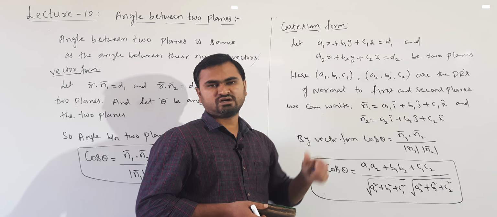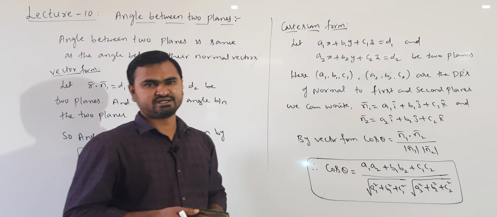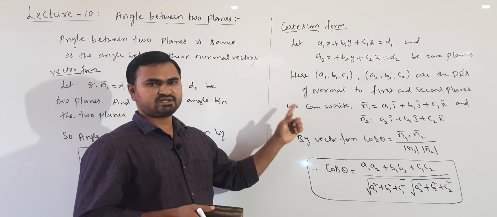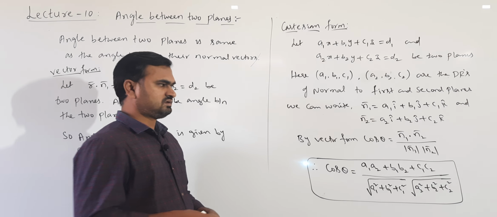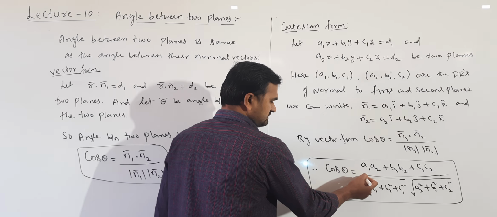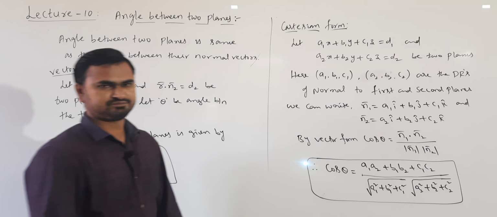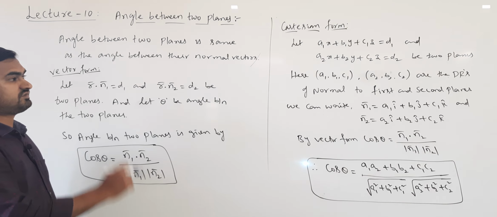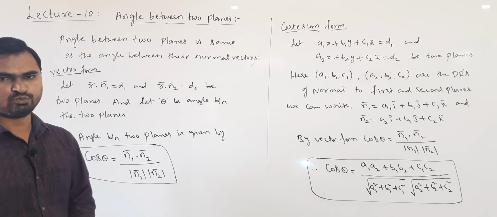A plane cannot have DRs, so only a line or vector can have DRs. That difference in notation you have to understand here. So using this formula we can find the angle between two planes.